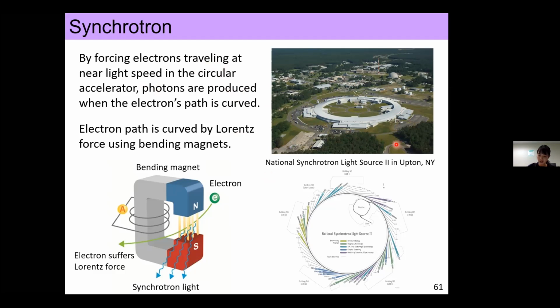By forcing electrons traveling at near light speed in the circular accelerator, photons are produced when the electron's path is curved. The electron path is curved by the Lorentz force using bending magnets like this. They went to this facility, National Synchrotron Light Source 2 in New York.